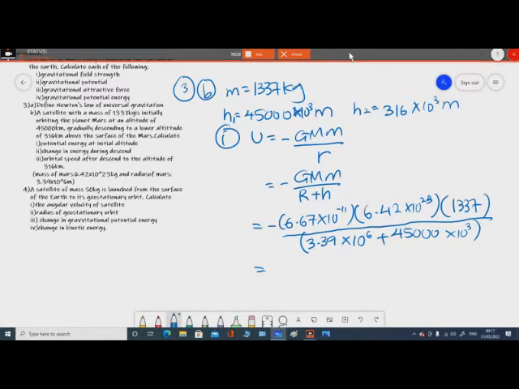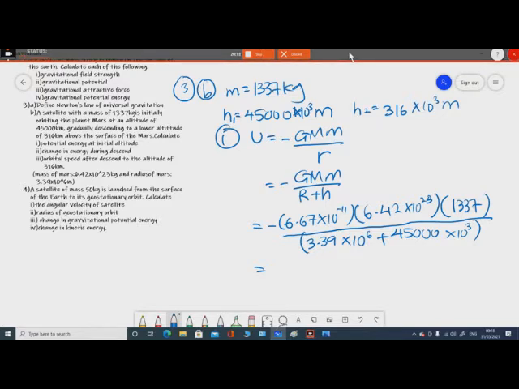So the final answer we got is... Okay, I'm wondering why the answer is different. Let me check whether my value is wrong.